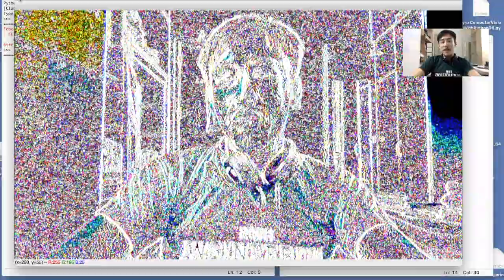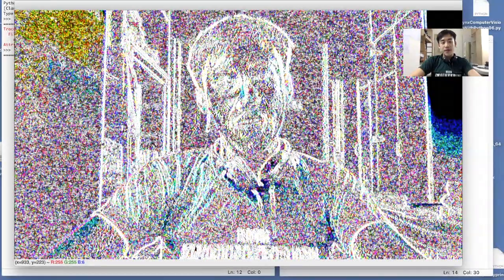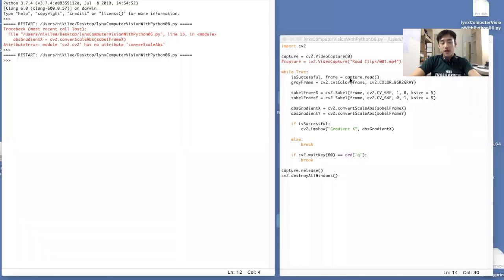The reason why there's so much color going on is because instead of the gray frame, I used the original frame which has color to it. For the sake of making the image clearer and finding more definition, and lines are the thing that we want to find, let's use the gray frame instead.